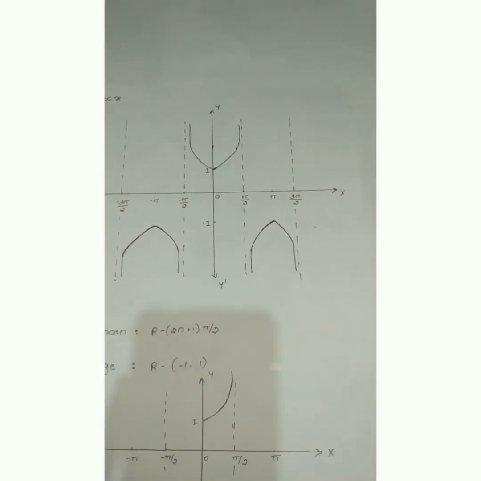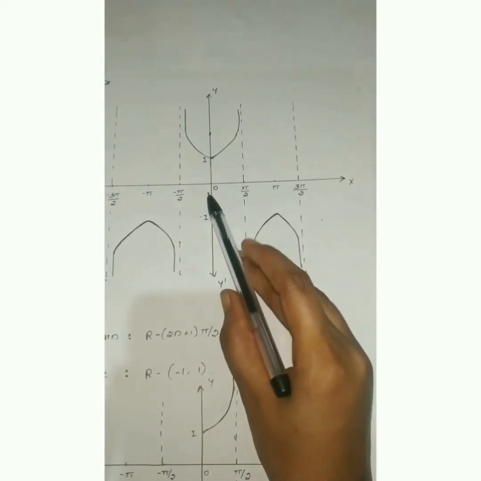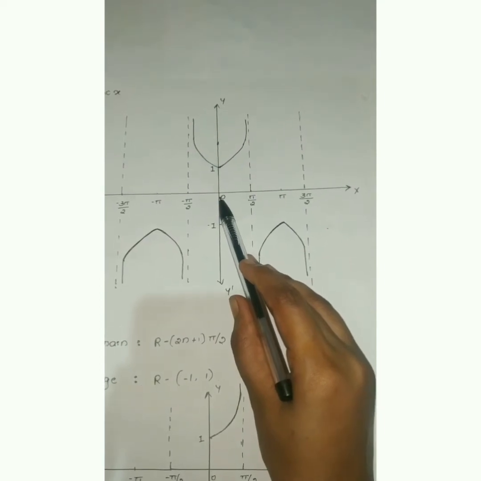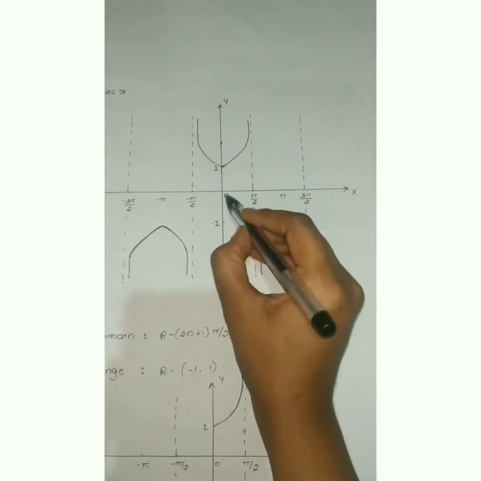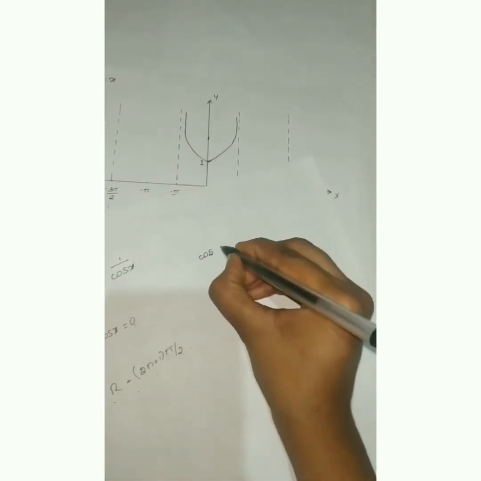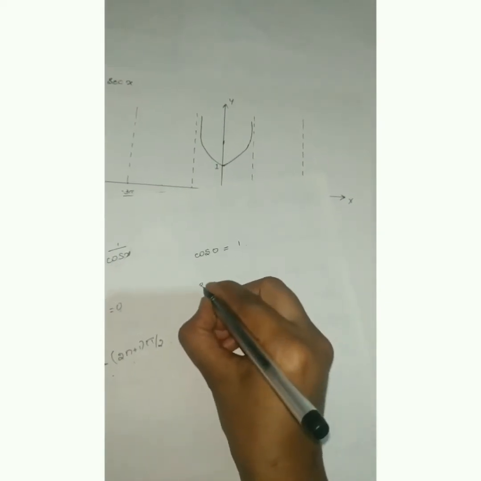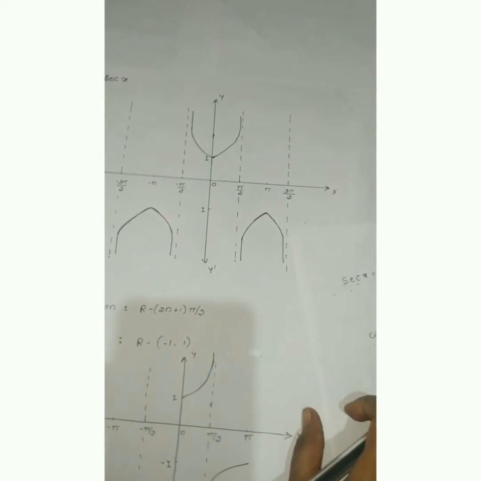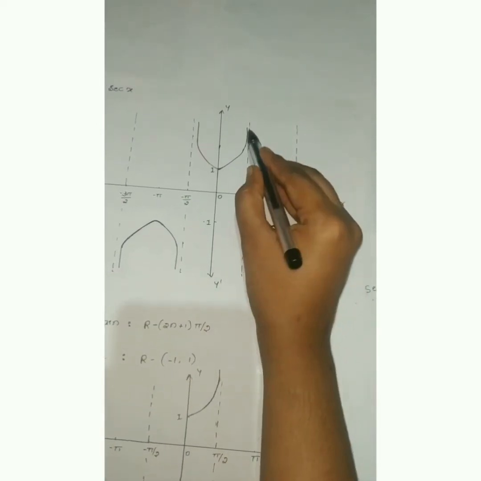And using the secant values, secant 0 value. So using the cos angles, cos 0 value is 1, so secant 0 is 1 by 1, which is 1. So here the secant 0 value is 1, and the sec pi by 2 value is infinity.